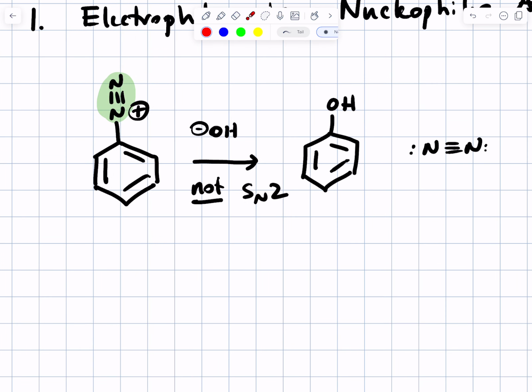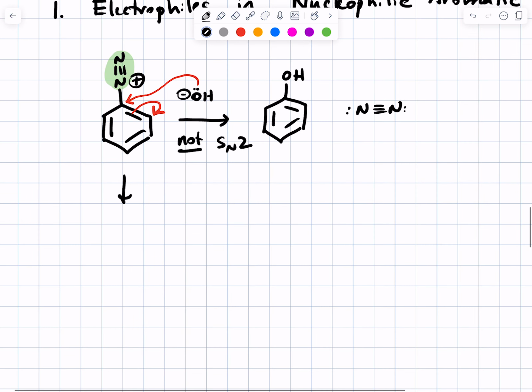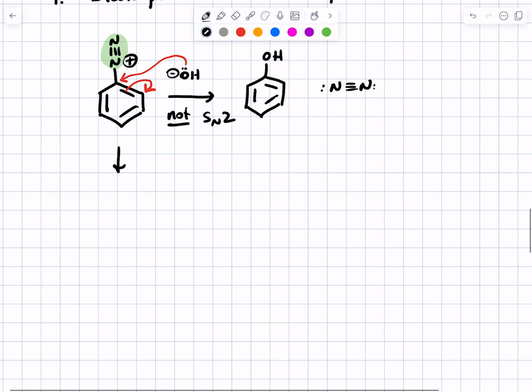What's going to happen is similar to what you saw for carbonyl chemistry. The idea is that the negatively charged nucleophile is going to attack the carbon where the leaving group is, and then we're going to break that pi bond and move it onto an adjacent atom.